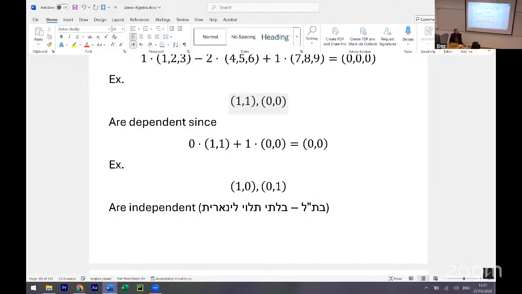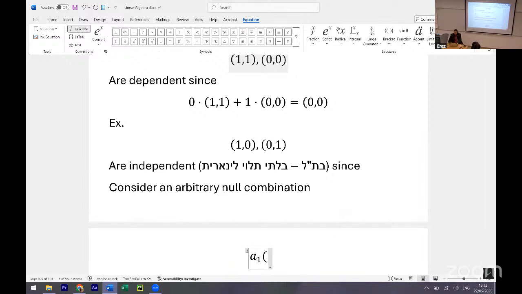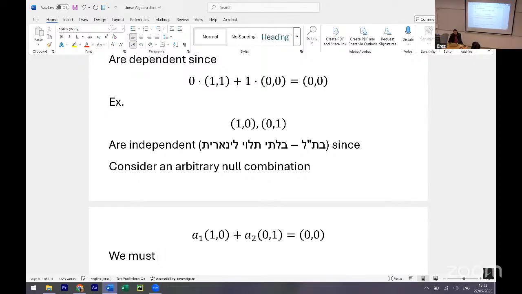And how do we know that they are independent? Since, consider an arbitrary null combination: a1 times 1, 0 plus a2 times 0, 1 equals 0, 0. We must show that all scalars are 0.